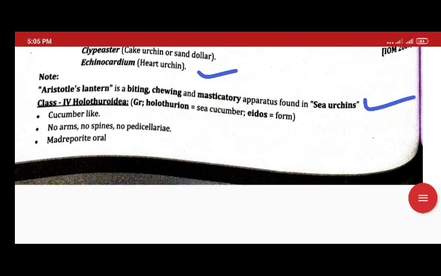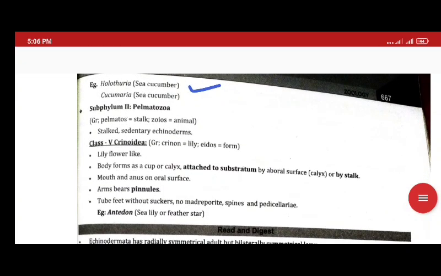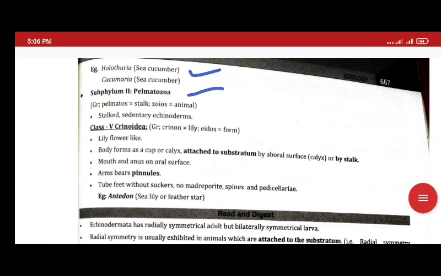Now we have the fourth class, Holothuroidea. Sea cucumber occurs in this. It lives on the upper layer, with no pedicellariae and an oral madreporite. Example is sea cucumber. Now the fifth class, Crinoidea, includes a stalked animal that is sedentary.